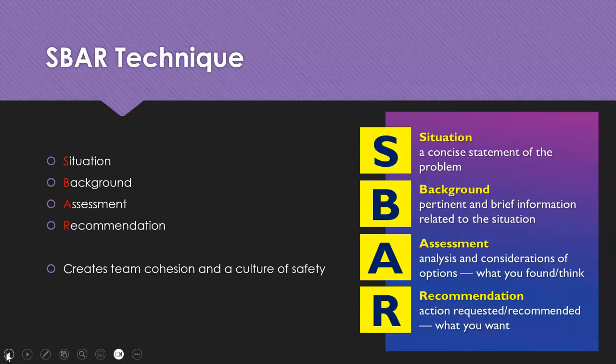And then, of course, the recommendation. That's what you request to be done and recommend for that particular patient's care based on your assessment. Now, sometimes physicians may not choose to do what you say, or they may say, well, we need to do that, and then we need to do this as well. So that's a very important thing.